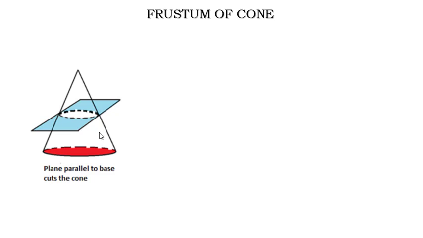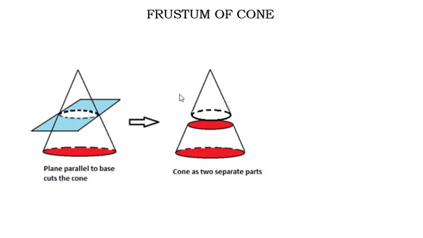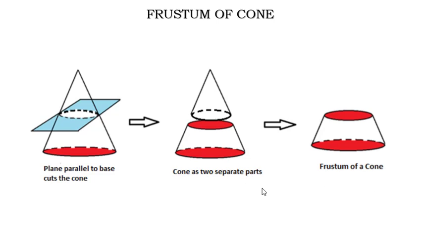So if I cut this right circular cone with a plane parallel to the base, then I will get two solids. The solid will divide into two parts. The upper part is conical in shape and the lower part is of a different shape. This lower part is called the frustum of a cone.